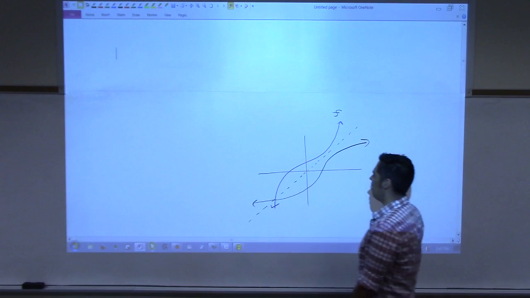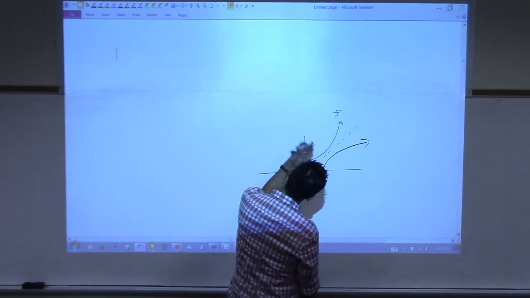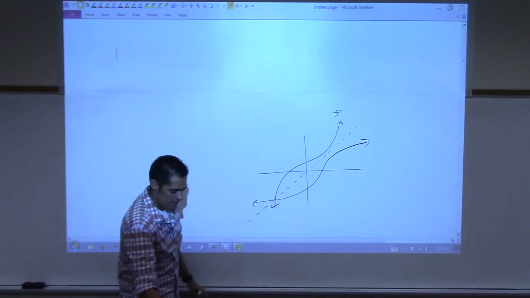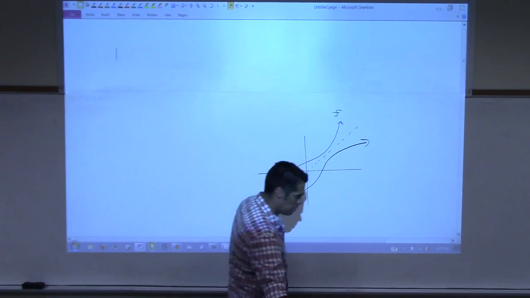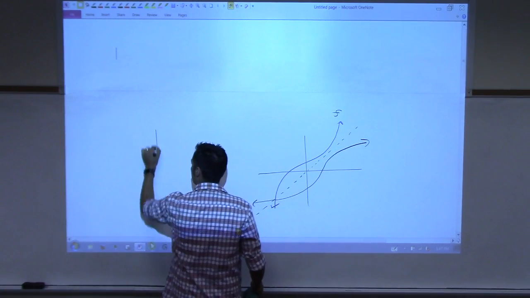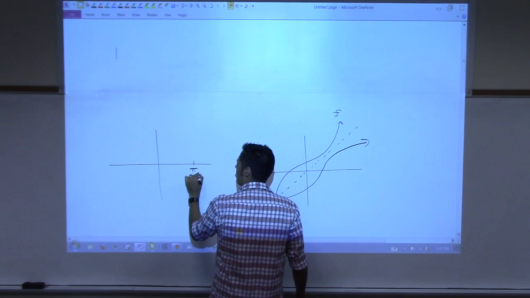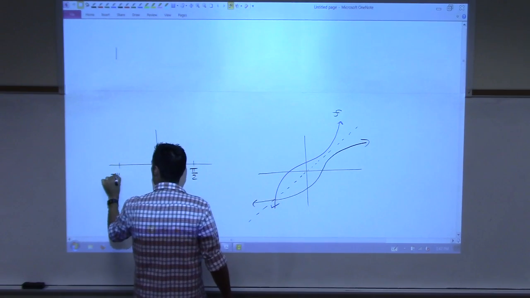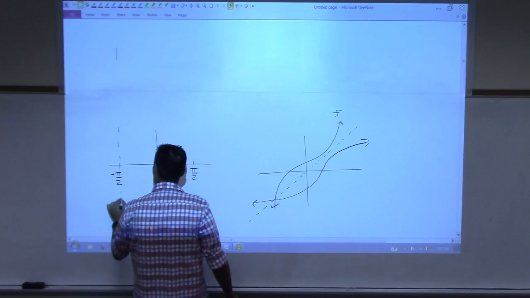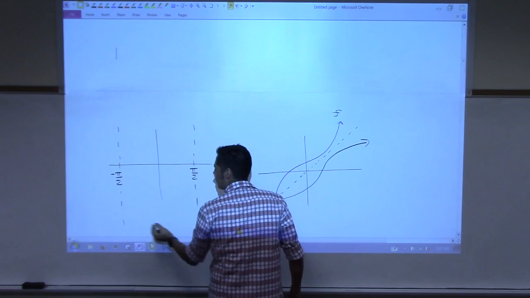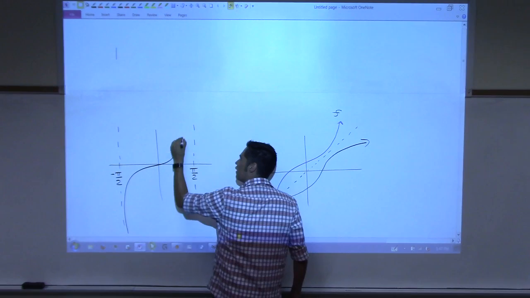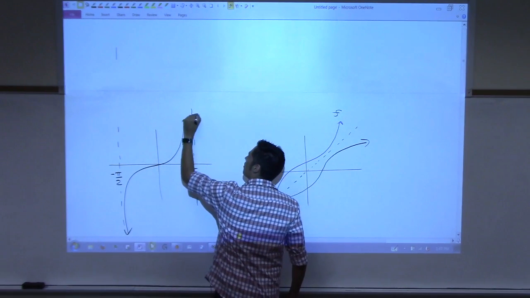If you tilt your head, it's a mirror image of itself over that. So if you want to know what the inverse tangent looks like, you have to first know what tangent looks like. And tangent is periodic between negative pi over 2 and pi over 2. And it repeats itself. So tangent looks like this. That's tangent x.